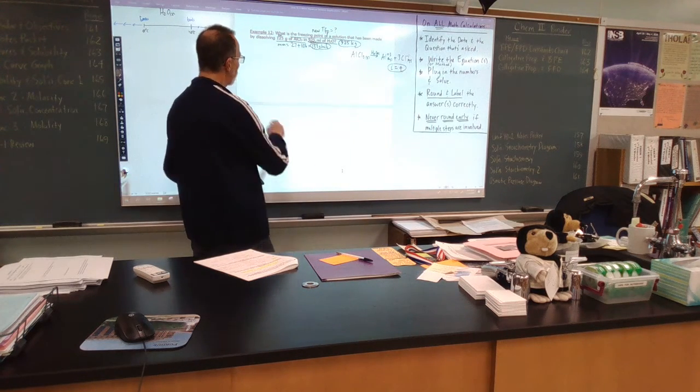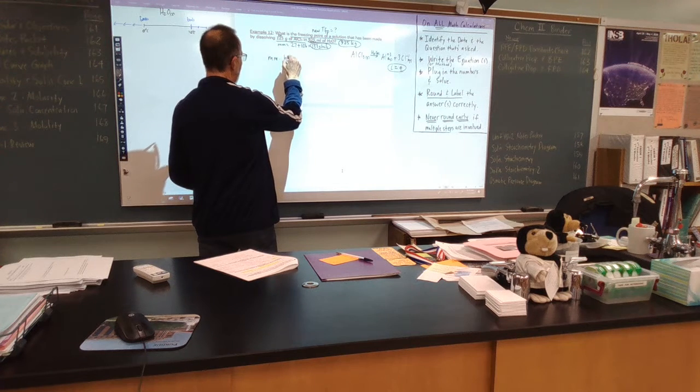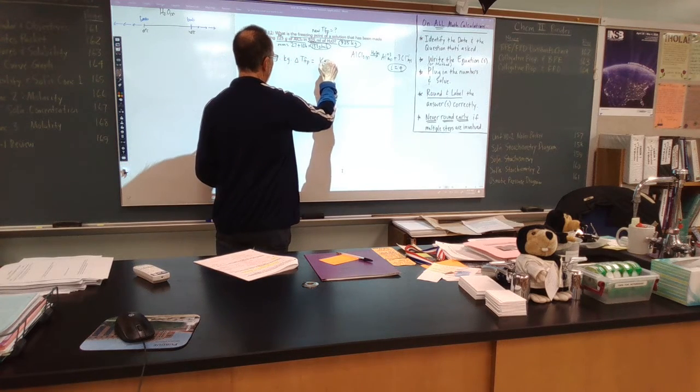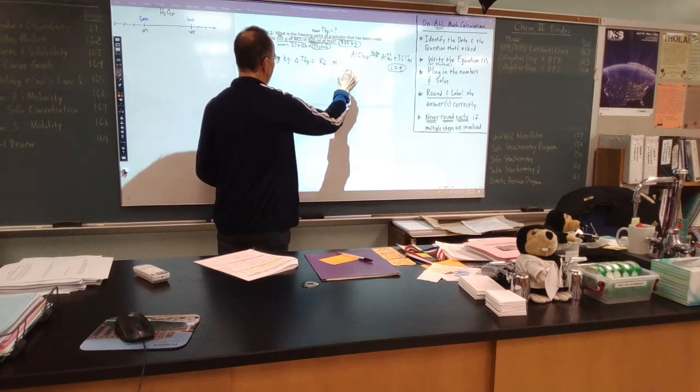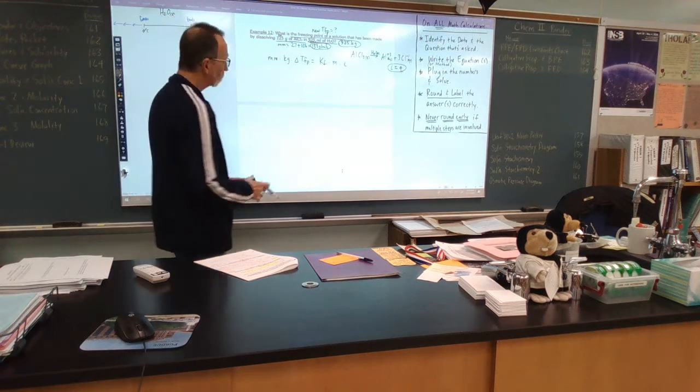So we'll do this the short way. So the molar mass of our solute times the kilograms of our solvent times the change in the freezing point temp is equal to K_f times the mass of the solute times the i factor.